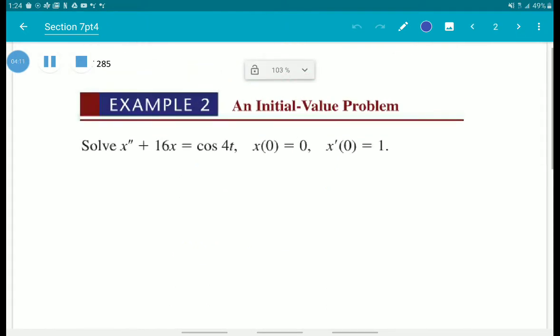So now let's take this and let's solve an initial value problem. So like always, our first step is to take the Laplace.